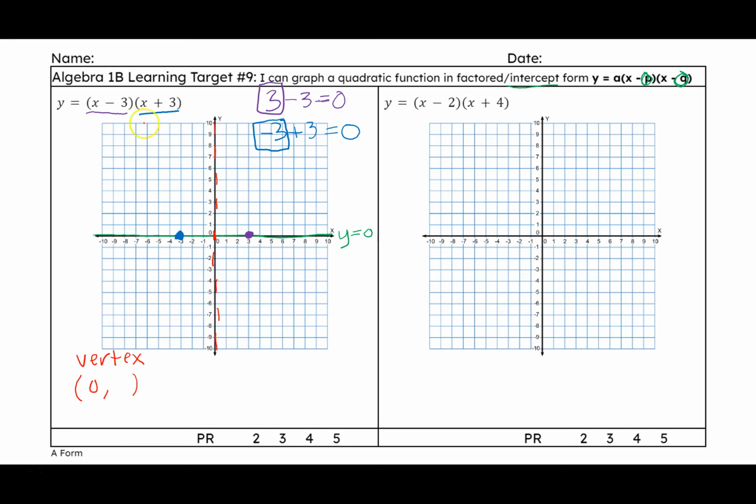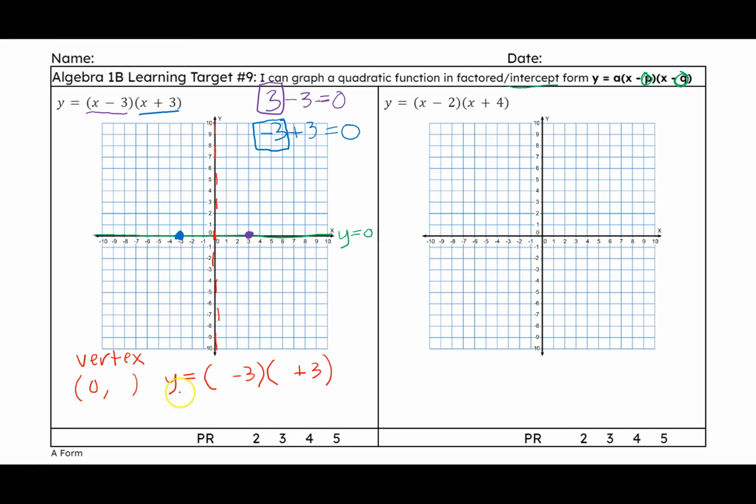Well, I've got my formula right here that tells me what y is based off of x. And I know what x is going to be for my vertex. It's going to be 0. So I'm going to input 0 in here and find out what y has to be. All right, so y is equal to x take away 3 times x plus 3.